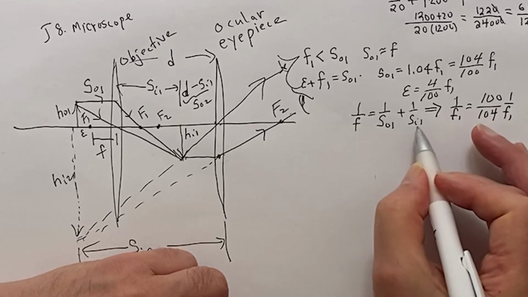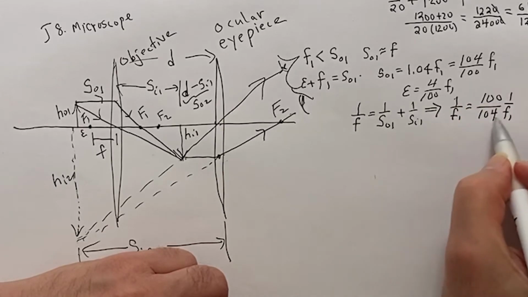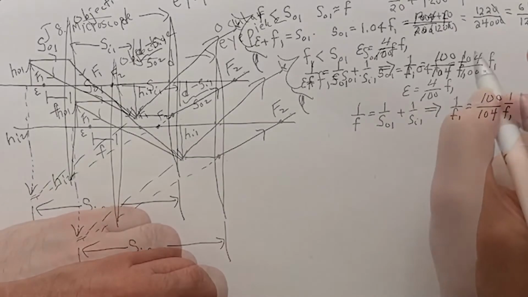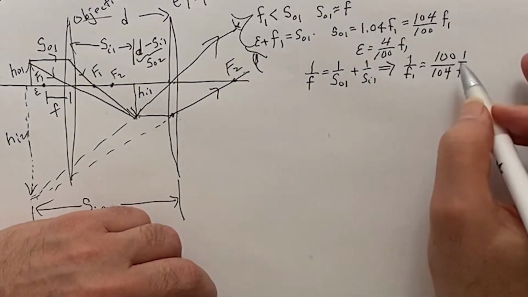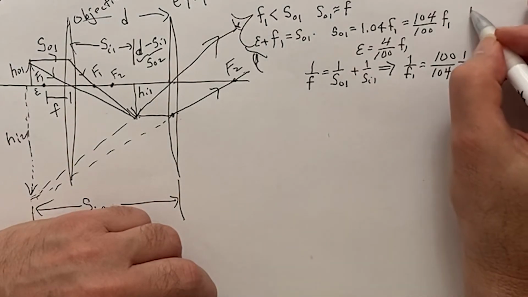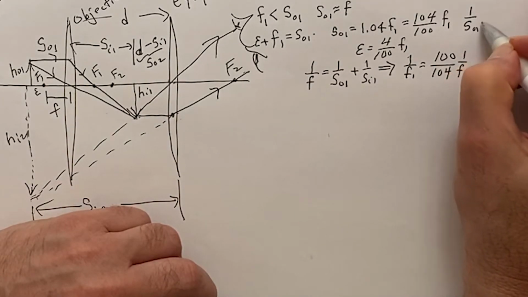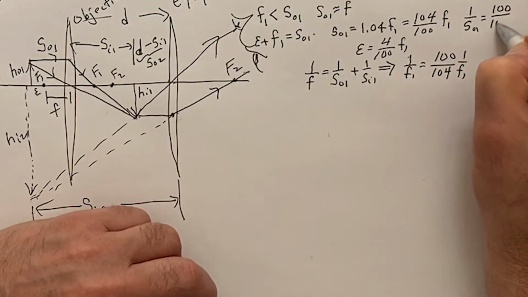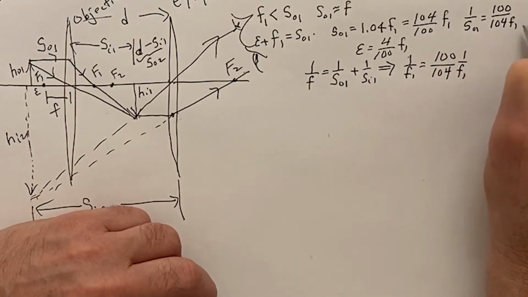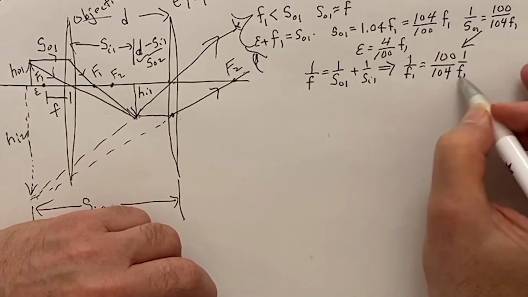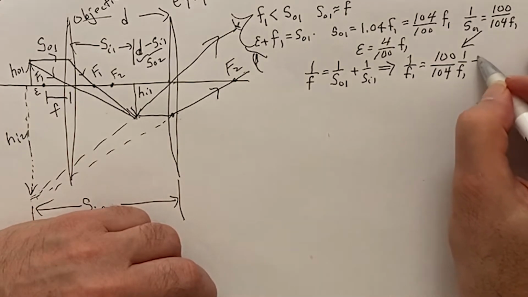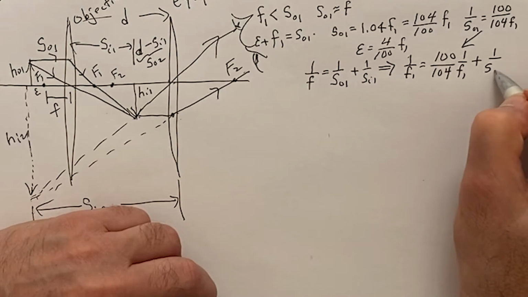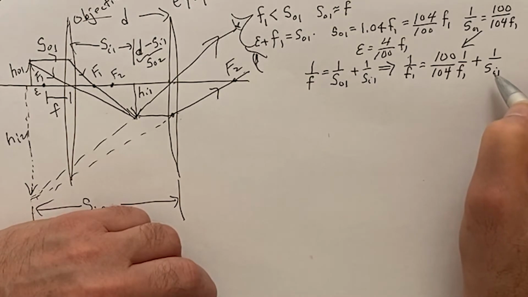Because I want 1 over this, that's going to be 100 over 104 F1, so there it is. And then I have plus 1 over SI1.